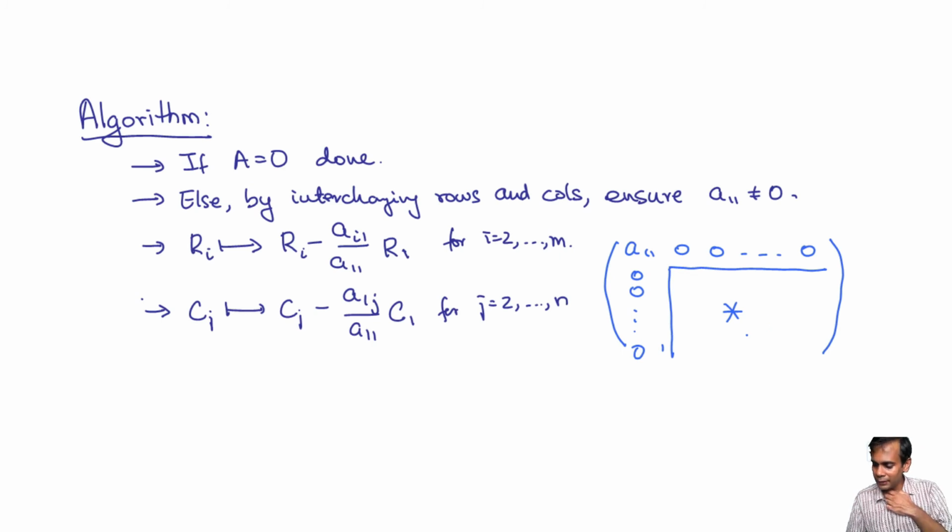And you've got some matrix here, A prime, let's call it. And now what you can do is you can repeat similarly with A prime.